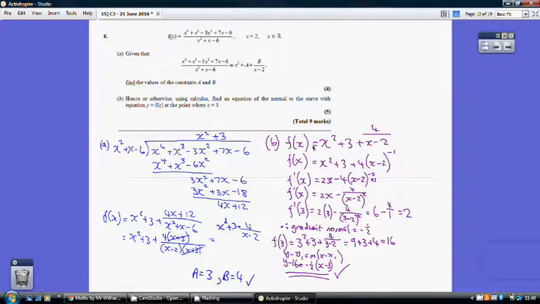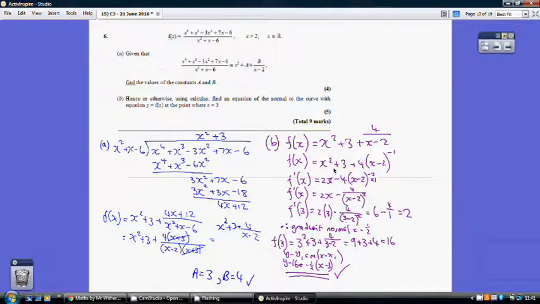Now for part B, hence or otherwise using calculus find the equation of the normal to the curve with this function at the point where x equals 3. So we're going to need to differentiate the curve. So let's get it ready to differentiate. So take the x minus 2 upstairs. So we've got 4 lots of x minus 2 to the power of minus 1.